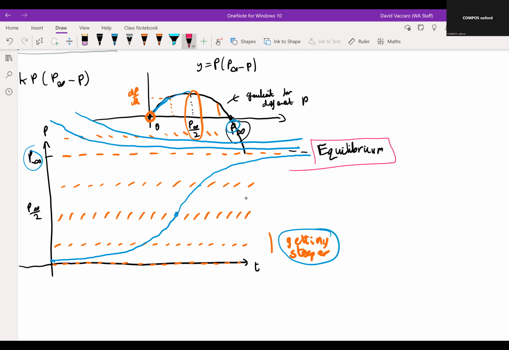Because arguably, understanding what the differential equation looks like is more important than what I'm going to do next, which is just find the equation of the population. I'm not saying that's not an important skill, so I'm going to do that next.